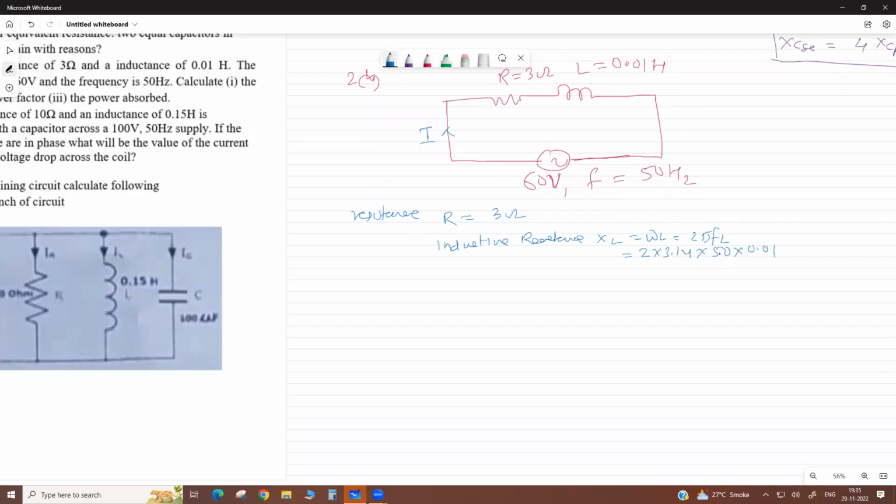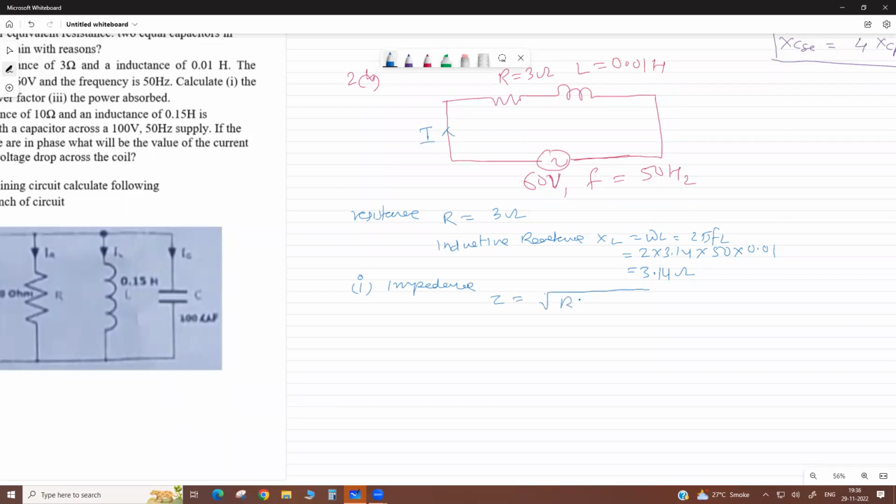My dear, this becomes 2 into 50, 100, into this 0.01, then it comes 3.14 ohm inductive reactance. Now we calculate the impedance of the circuit.